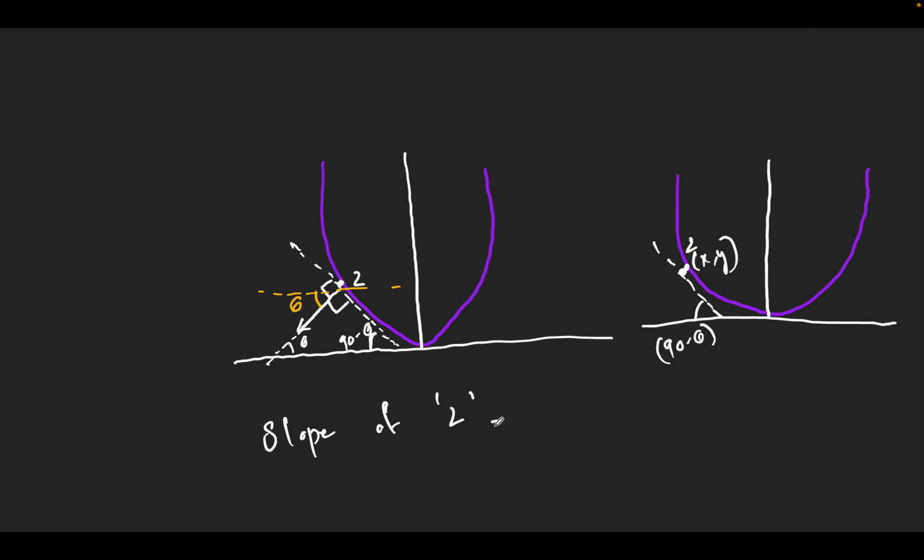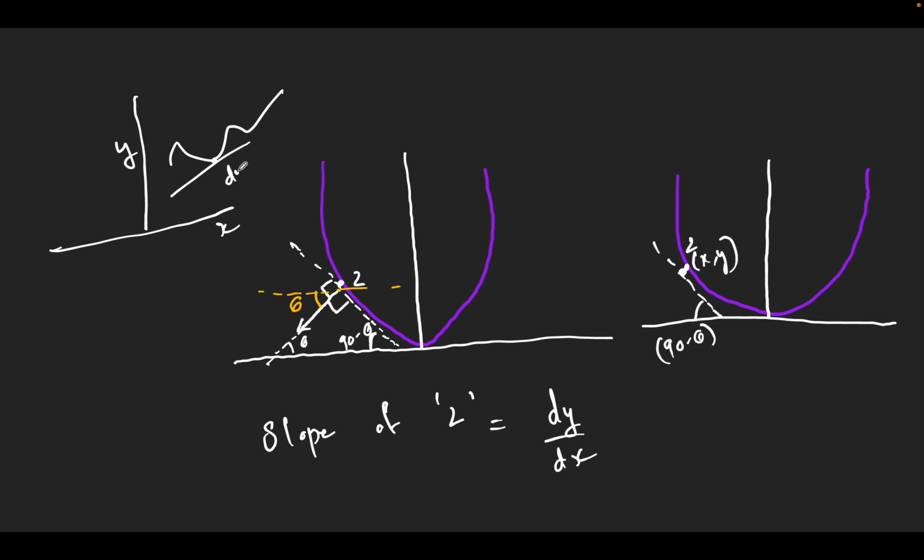point 2 is dy by dx. In an xy graph, suppose you have a graph here, something like this. At any point, say this is x, this is y, the slope is given by dy by dx, right? So the slope at point 2 is dy by dx, and it must be equal to tan(90 minus theta), right?